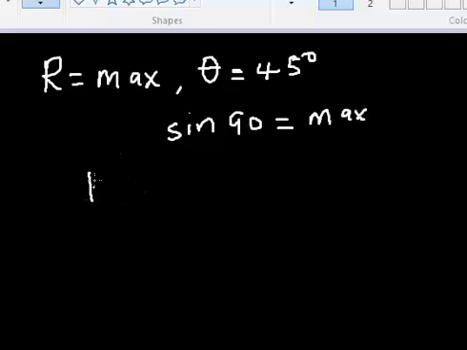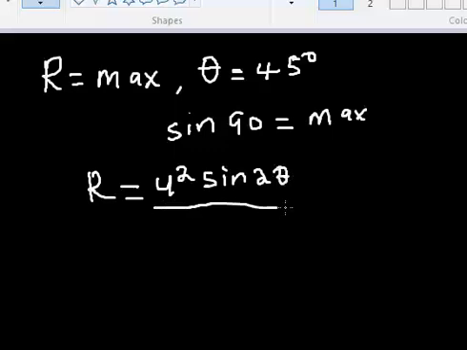For the range of a projectile, which we already know very well is given as u square sine 2 theta all over g, for me to have sine 90, theta needs to be 45, because if I multiply 45 by 2, that gives me 90, and that is when you have the maximum value for sine, and that gives you the maximum range. So please take note of that.